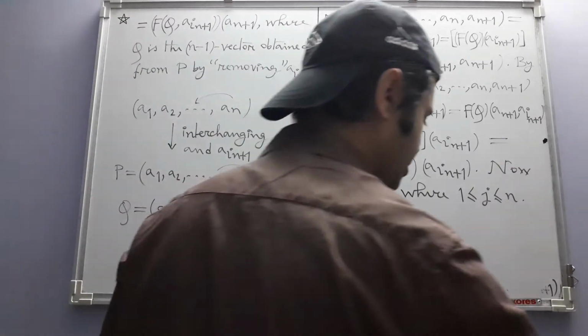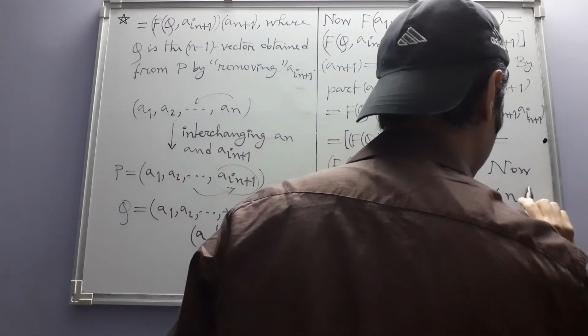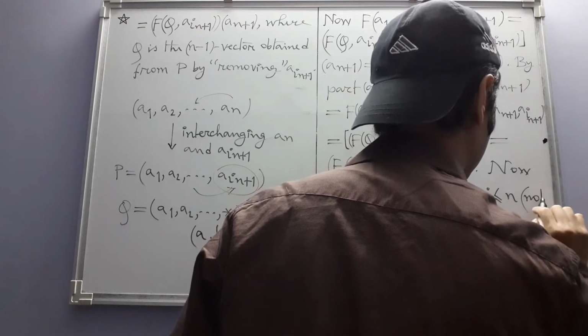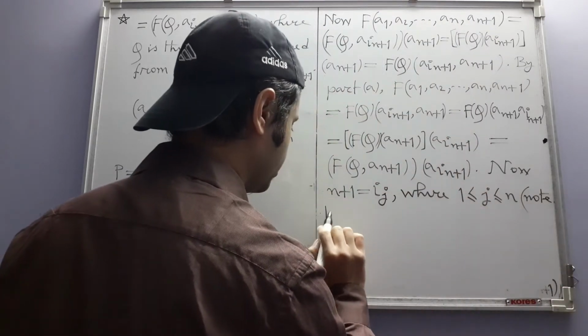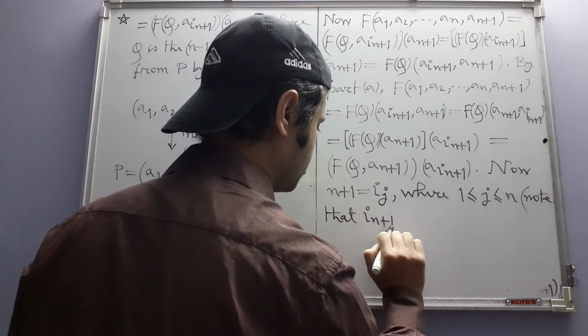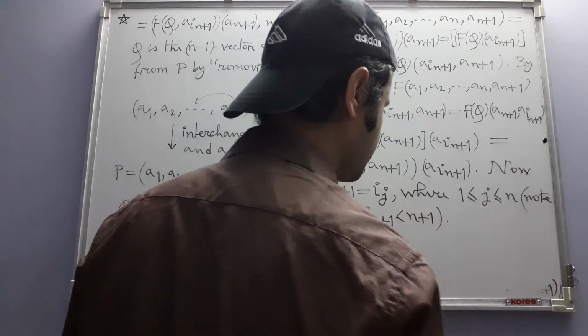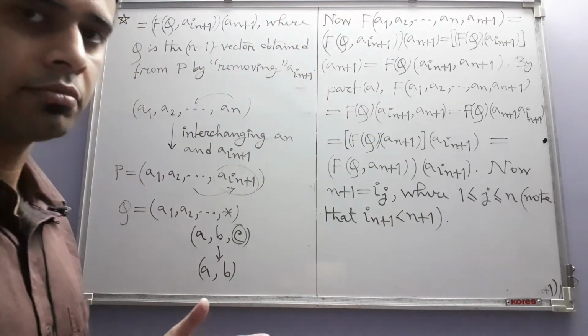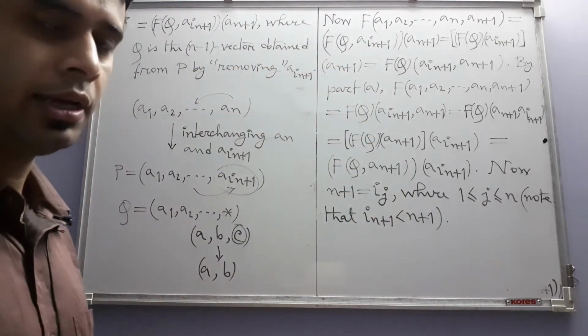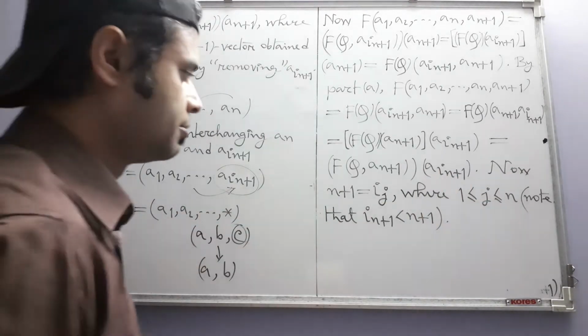In fact, let us mention that, note that this, and that's why j cannot be equal to n plus 1. It is something else, so it will lie between 1 and n inclusive.